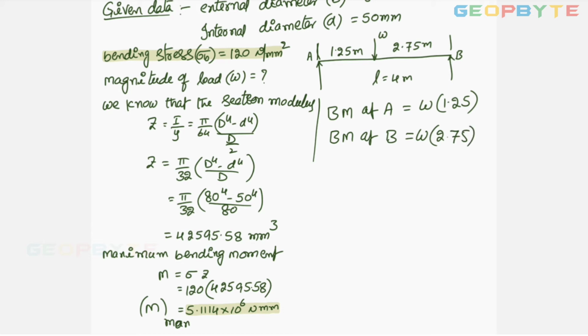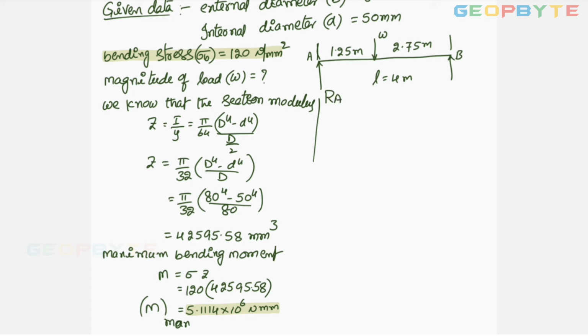But what about the reactions? You should not directly find the bending moment at A and B. First I should know the reactions. Let RA be the reaction at A and RB the reaction at B. RA plus RB equals W.